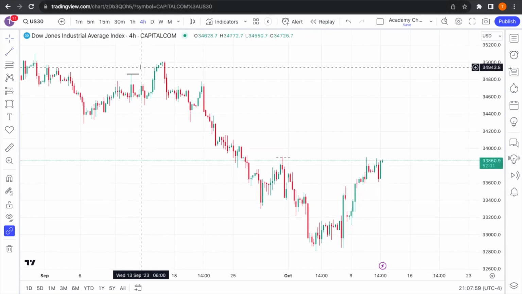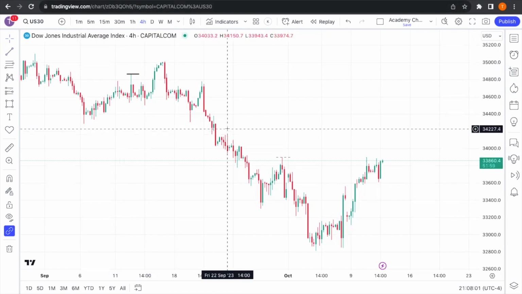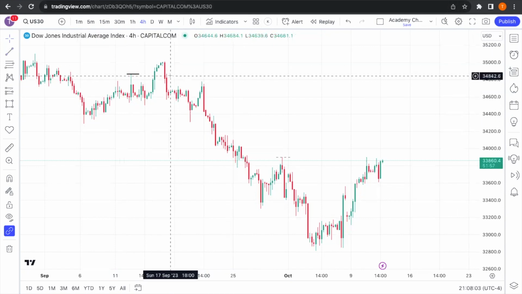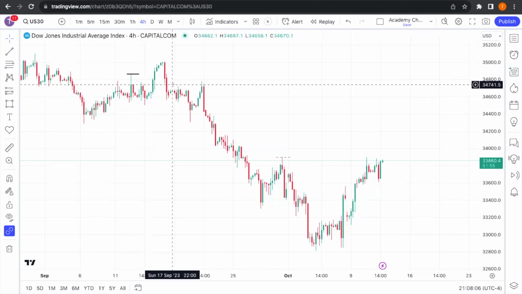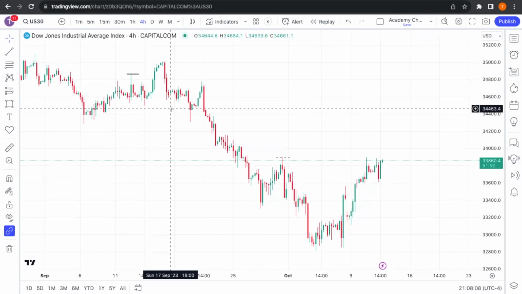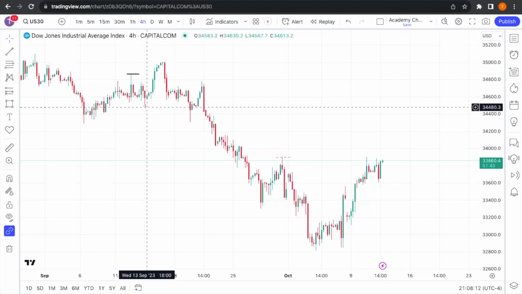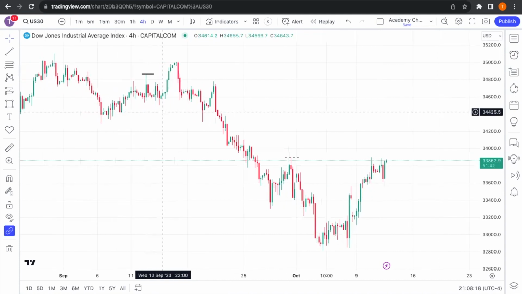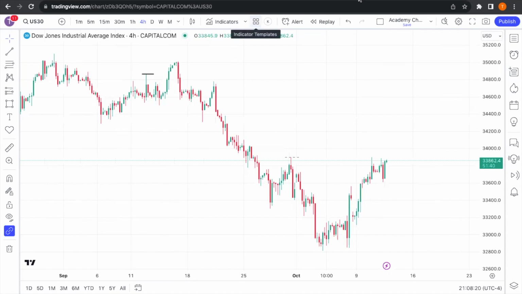So a breaker is, obviously for order block, we're looking at ranges. But for a breaker, you want to set up market structure. So you want market structure to be favorable. Now, first you have to start with a higher low.